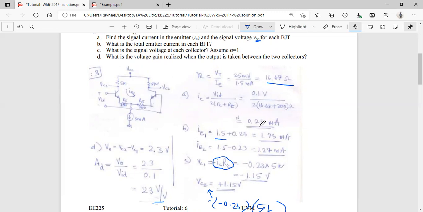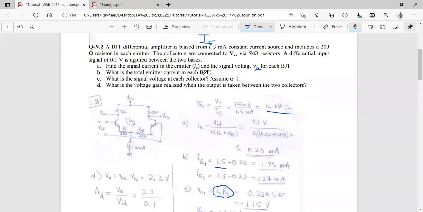So it will be 1.5 plus negative 0.23, that is 1.5 minus 0.23. So we get 1.27 milliamps as our IE2. Okay, so we have calculated the total emitter current for each of the BJTs.